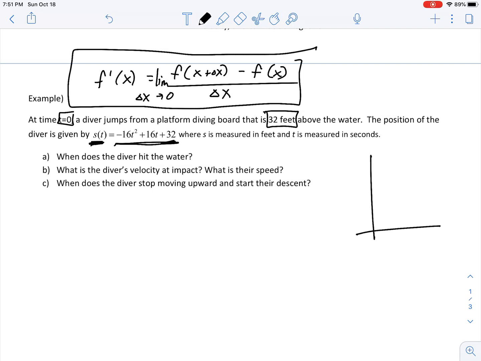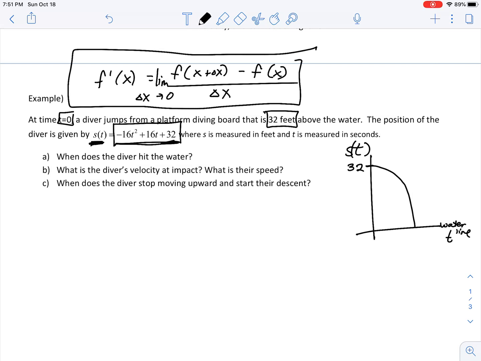So that's going to look like, if this is t and this is S of t, the point (0, 32) is right there. Now this is a quadratic. If you did a little bit of effort, you would know that it's going to look like this. It's going to be some kind of parabola, and this is going to be the water line.